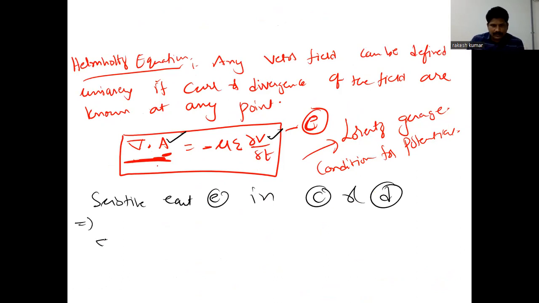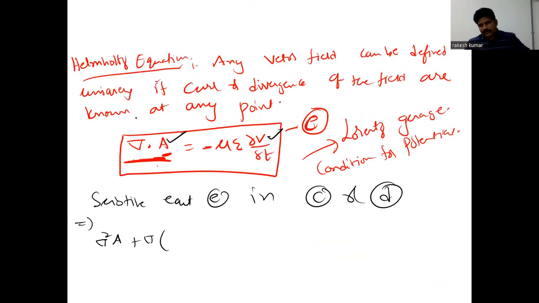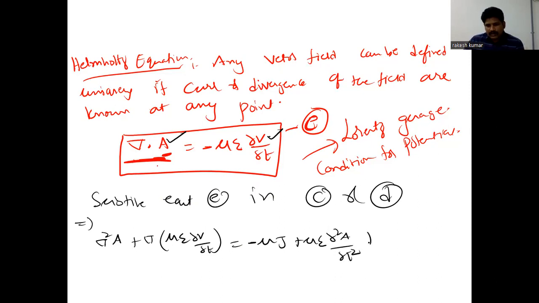So here it is del square A plus, minus of minus will become plus, mu epsilon into del V by del t is equal to minus mu J plus mu epsilon into del square A by del t square plus mu epsilon into del V by del t.